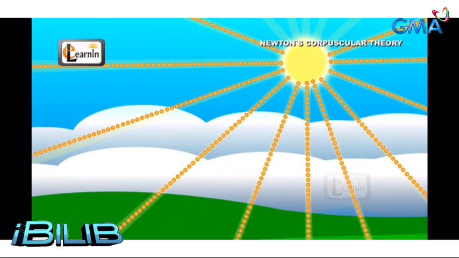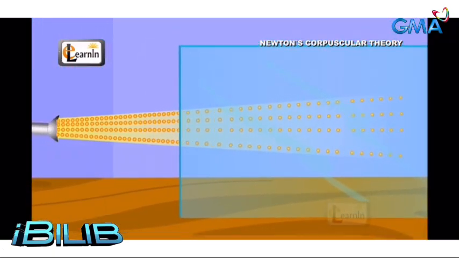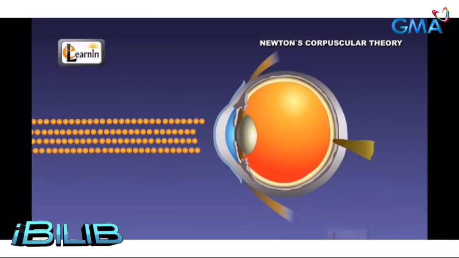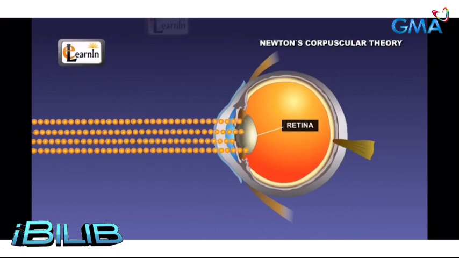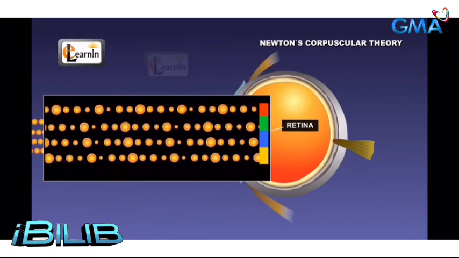The rate at which these corpuscles travel may differ depending on the medium in which they disperse. The vision of human beings is a consequence of these corpuscles falling on the retina of the eyes. Various colors of light are due to the difference in sizes of these corpuscles.